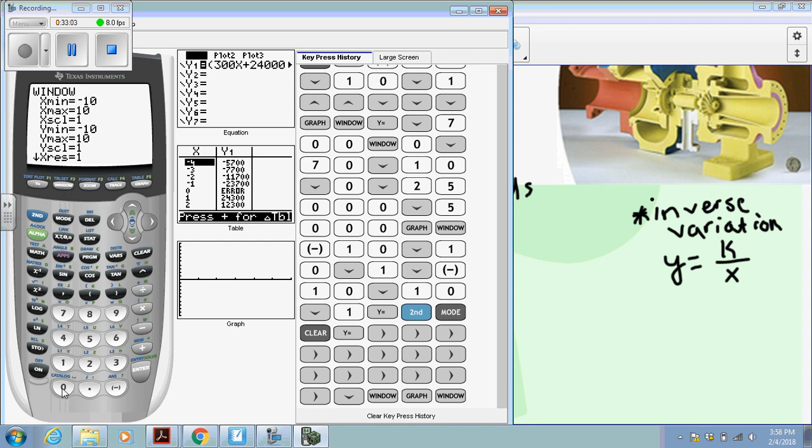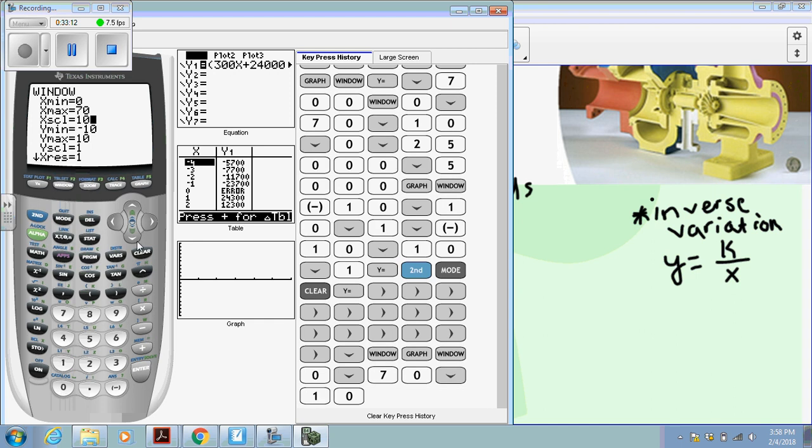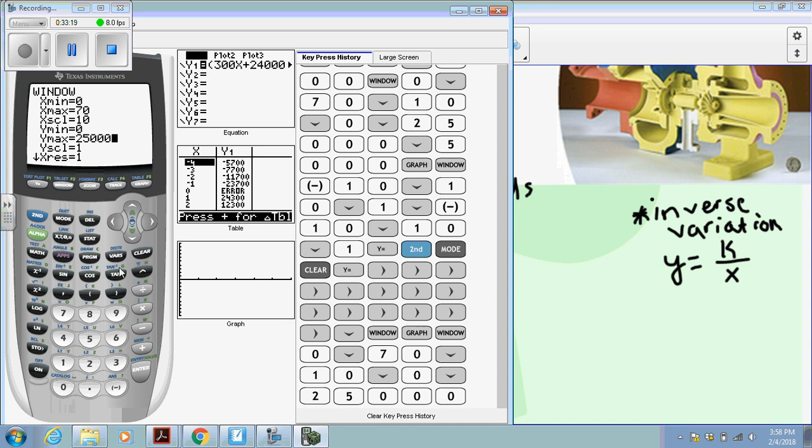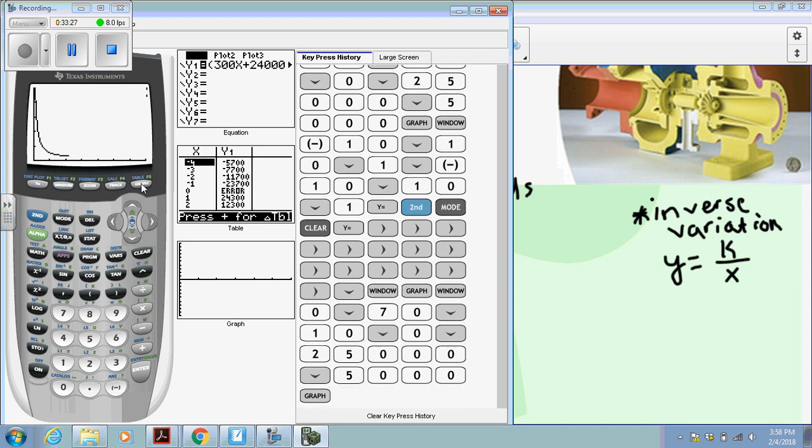I'm going to go ahead and tell you that maybe one good window would be from 0 to 70. That would be from your X-min to X-max. And then scale of 10. And then for your Y-min, 0 to, let's say, 25,000. And then make your scale 5,000. Of course, you can always do a different window as long as you can see the graph.